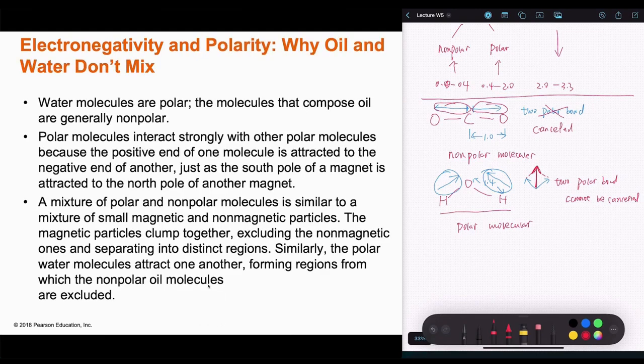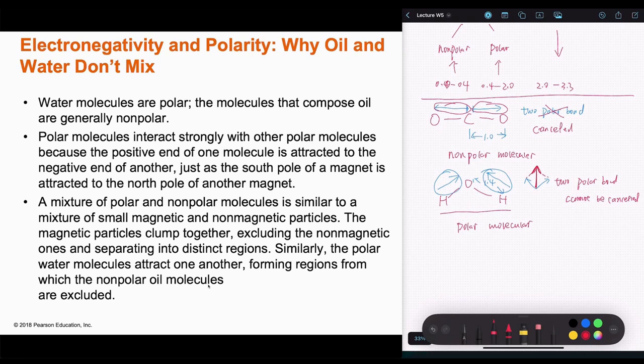Okay. Since we have studied electronegativity and polarity, now we can try to understand why oil and water don't mix. Water molecules are polar, that is what we learned. But the molecules composing oil are generally non-polar.